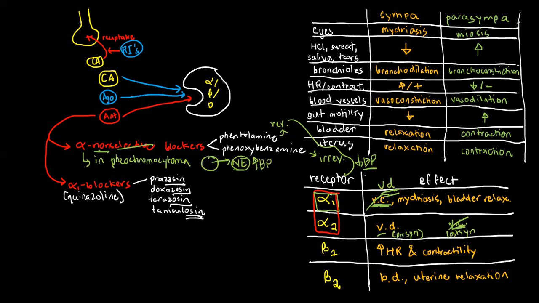Basically, surgical procedures are not going to be good. They're going to get ugly if you treat a patient with super, super high BP. And since these guys really directly inhibit norepinephrine, especially on these receptors, they are wise to be given before you do the surgical removal. Okay?